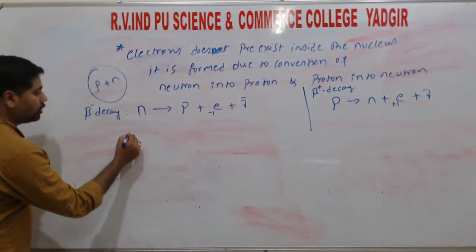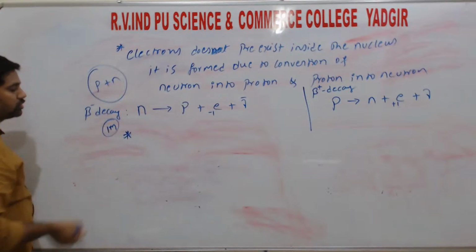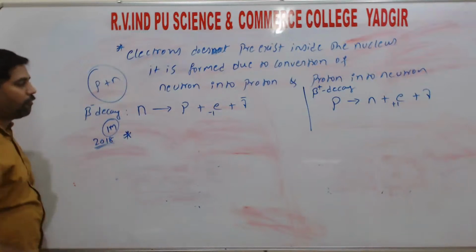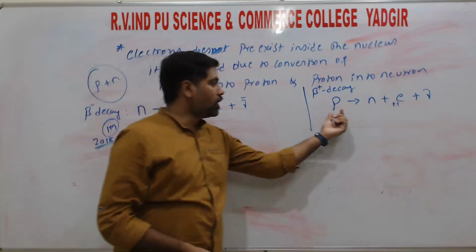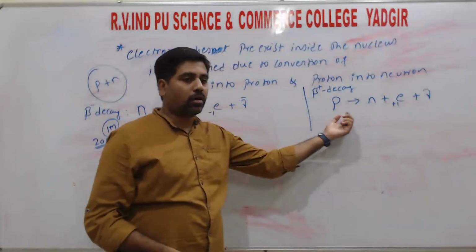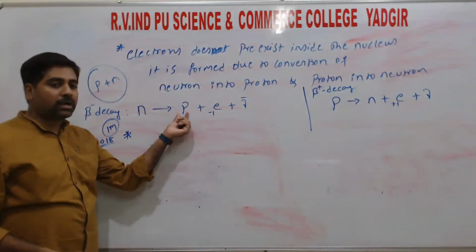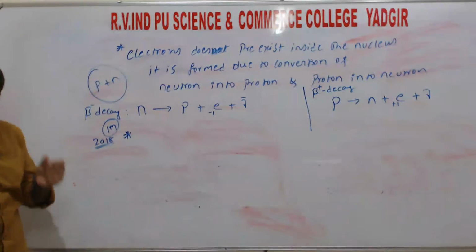So the next topic is, this is asked for 1 mark in 2018. Why is neutron converted into proton and why is proton converted into neutron, right? So the reason, because the mass of the proton is lesser than that of the mass of the neutron, right?